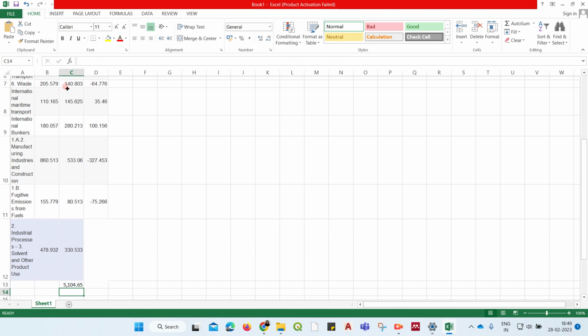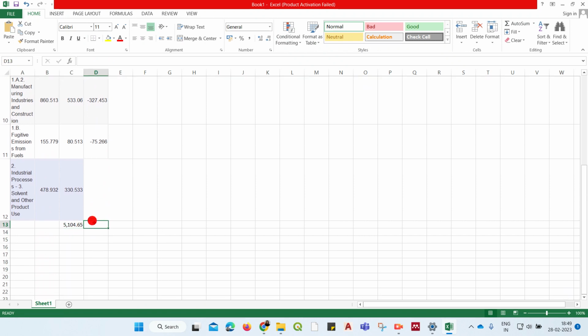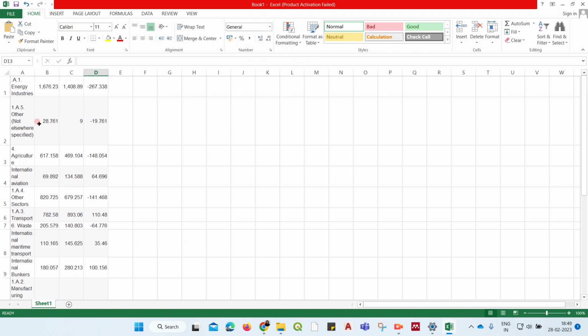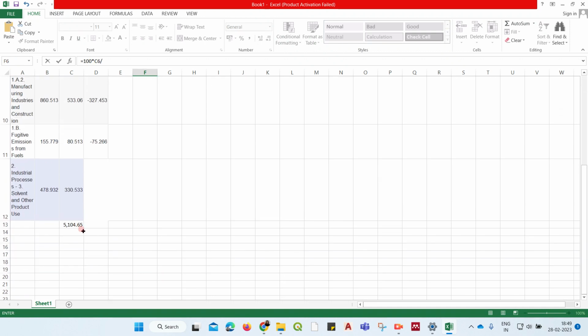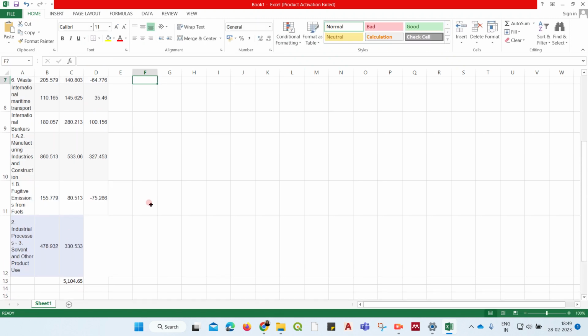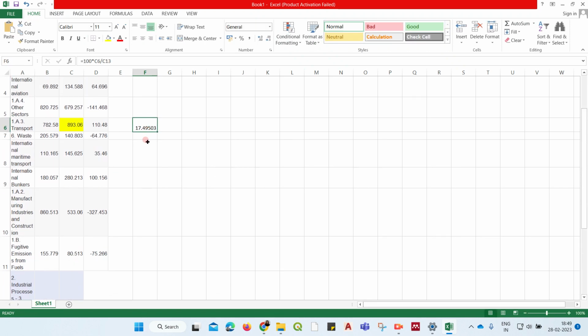Okay. So we got the total emission and then we'll calculate percentage of the transport sector. So this is the transport sector emission. So we calculate the percentage. So here we got it.